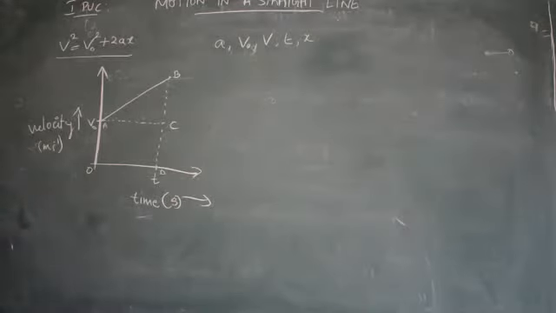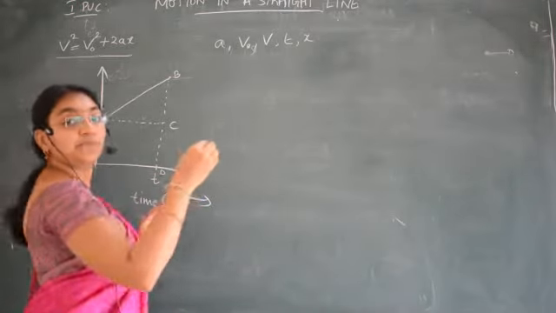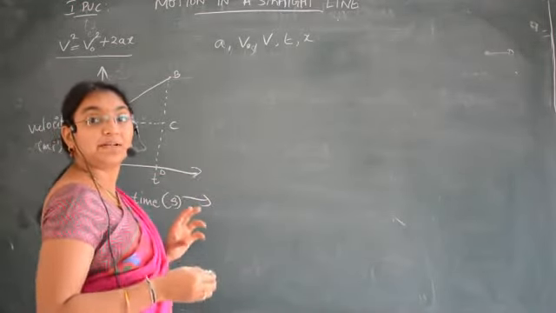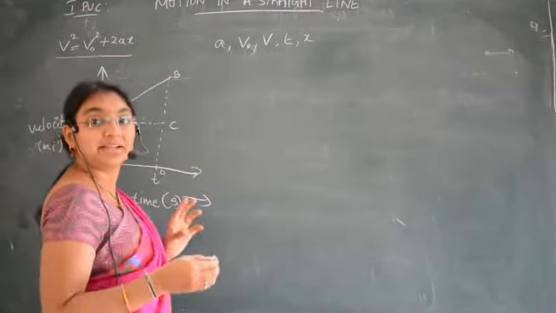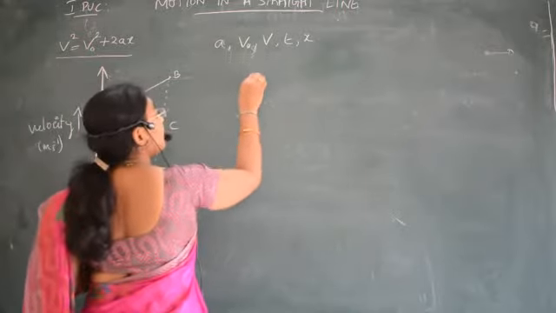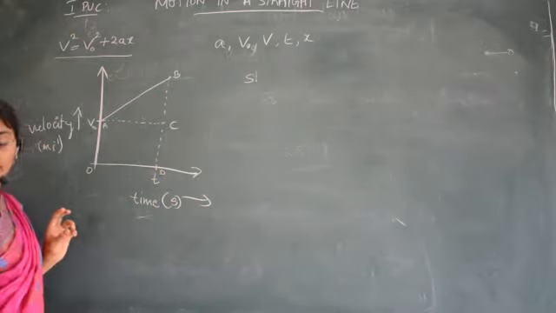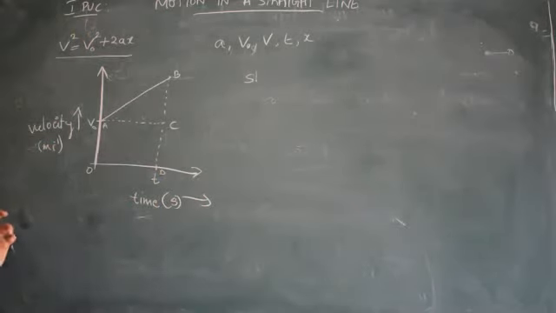As you have already completed one derivation, now it's easy for me to continue. See, first we have to derive the expression for v is equal to v naught plus at. Then we have to go for this. Okay. How to derive that? The slope of the velocity time graph gives the acceleration.